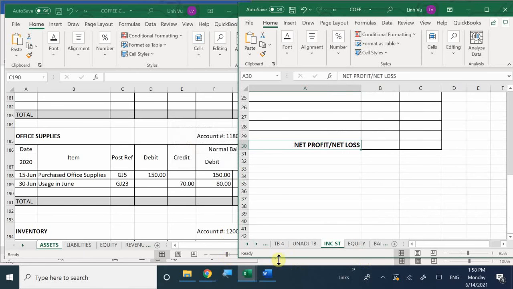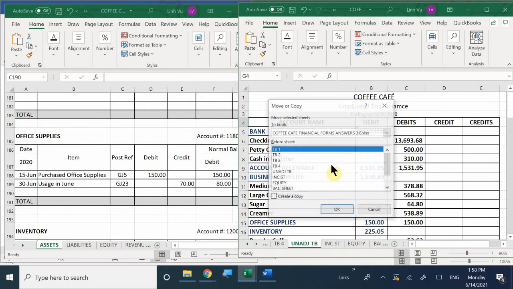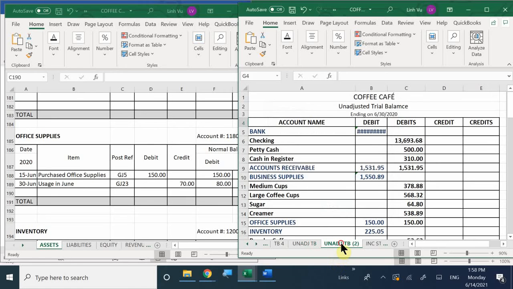And I'm going to make a copy of my unadjusted trial balance. Make a copy and place it right in front of my income statement. There it is. And I'm going to rename it to my adjusted trial balance. Okay?